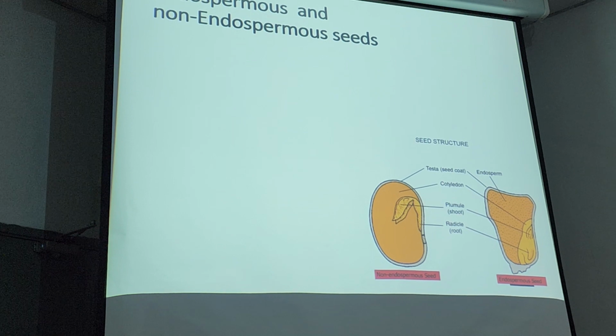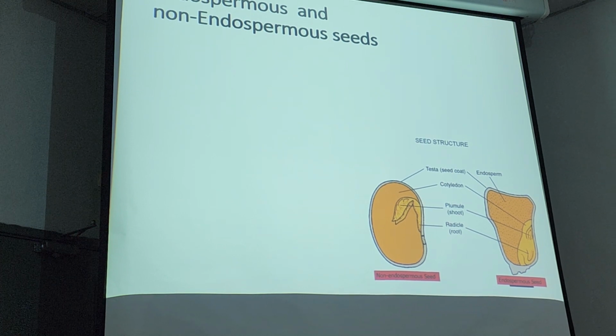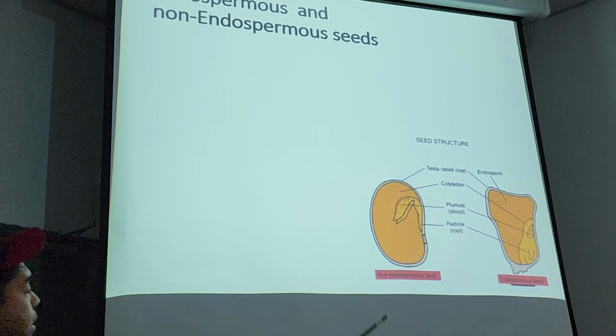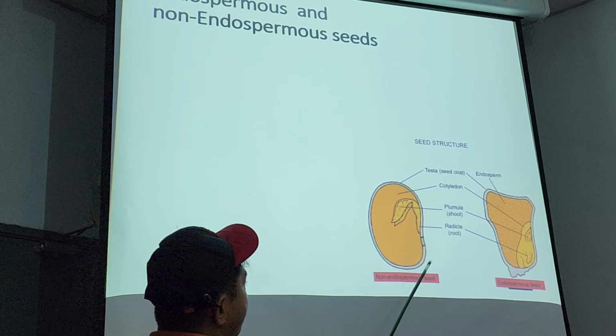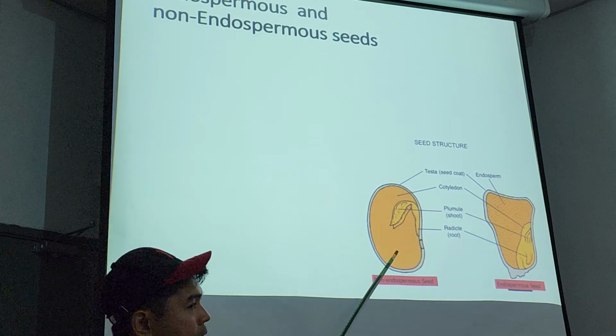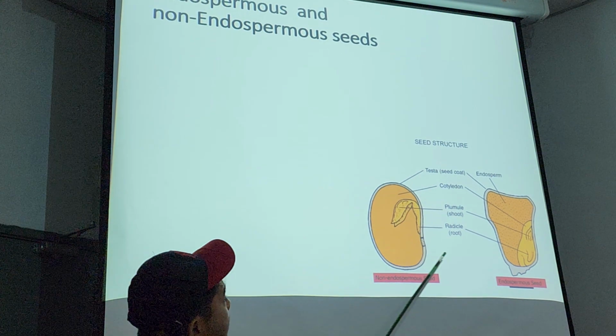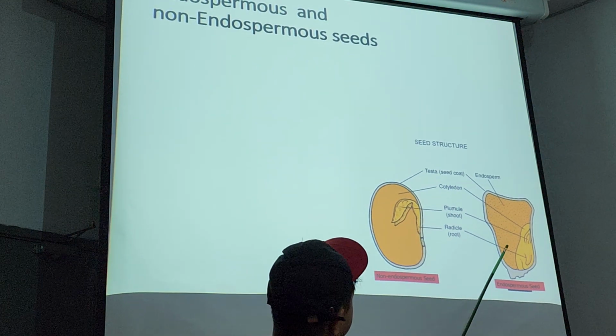Here come the things I mentioned earlier: seeds that do or do not have endosperm, endospermous and non-endospermous seeds. For the endospermous seed, which is this, dicot or monocot? Dicot. And this is the monocot.